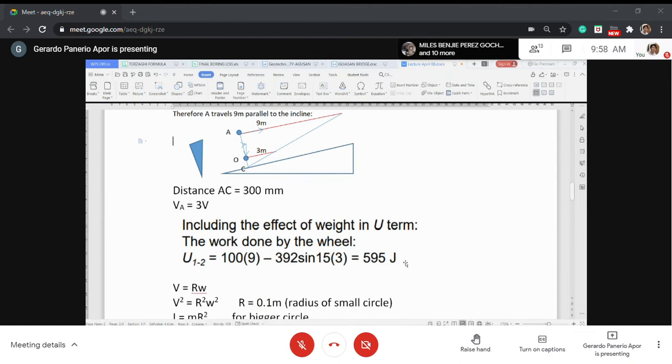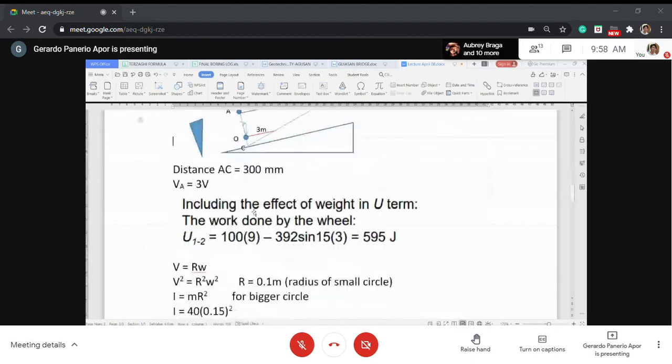Newton is just kilogram meter per second squared. Okay. So that's the work done.